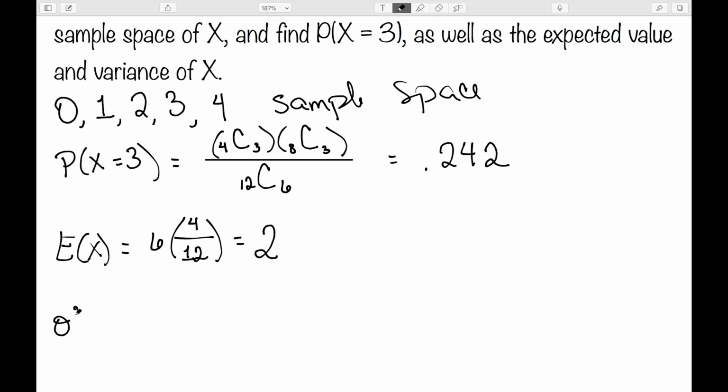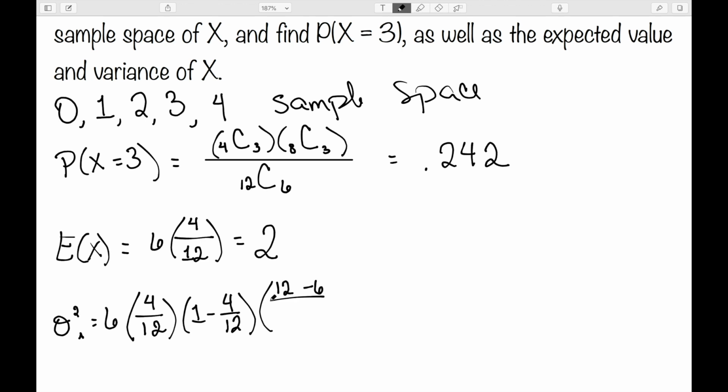And then my variance, little n times m1 over capital N times 1 minus m1 over capital N times capital N minus little n over capital N minus 1, which gives us approximately 0.727. So the variance is 0.727.